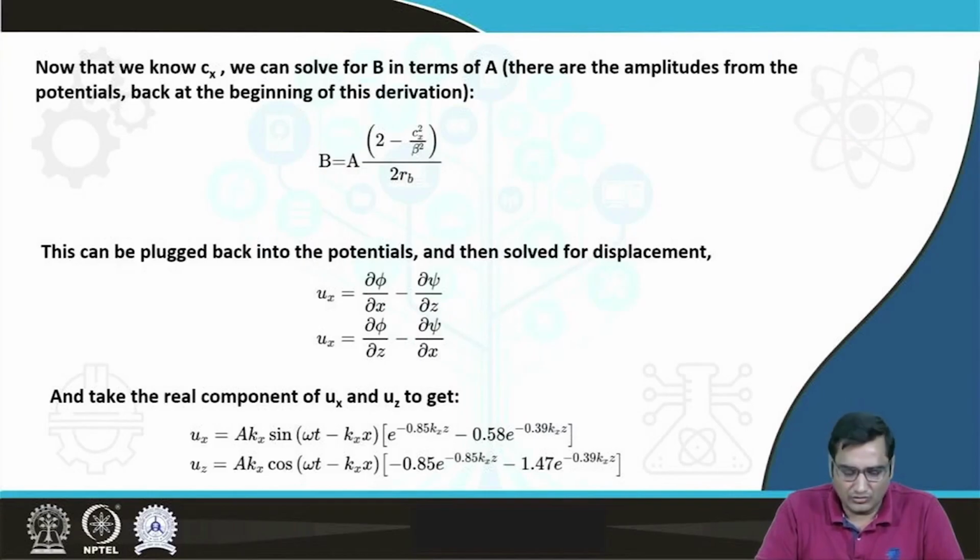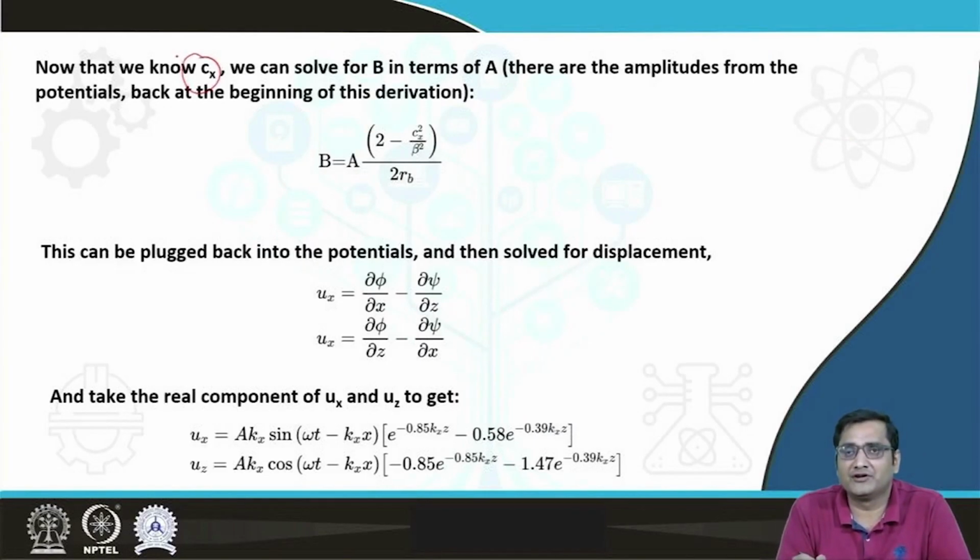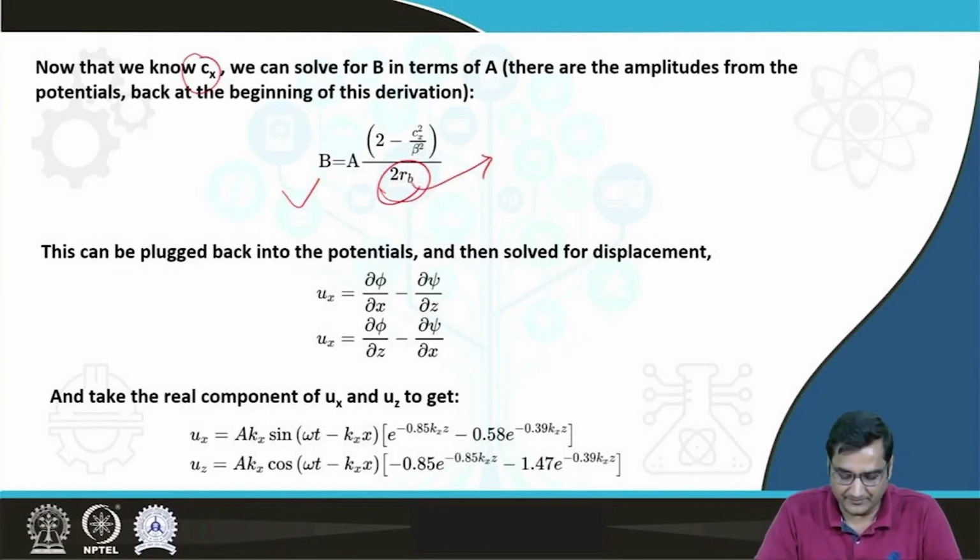Now that you know the value of cx, you can solve for the amplitude terms a and b. You will get the relation b equal to a times (2 minus cx square by beta square) by 2 r beta. This should be r beta, not rb.